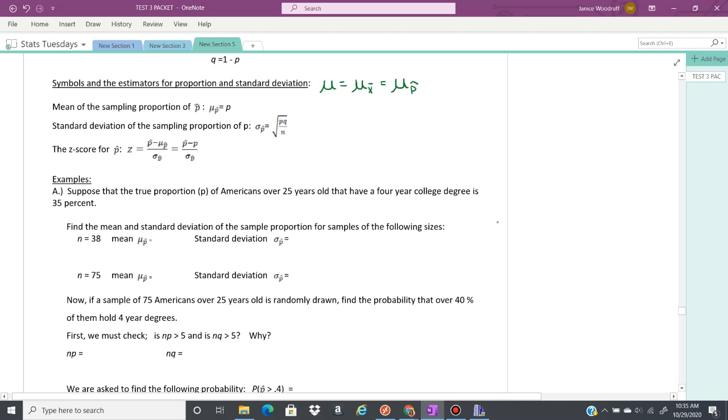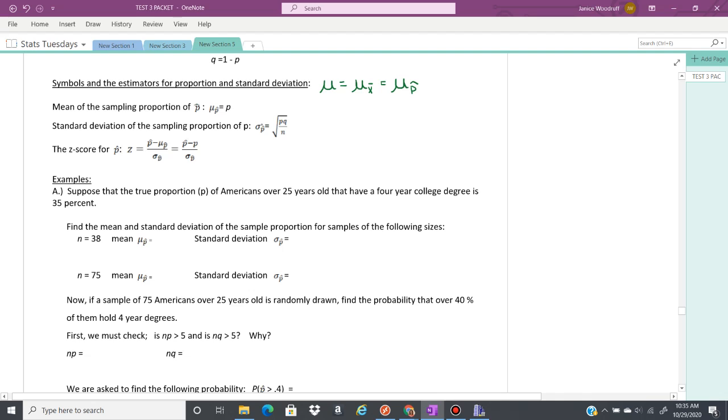The standard deviation, just like we looked at in 7.3 and 7.4, is what will change. The standard deviation of P hat is this formula here: the square root of P times Q over n.